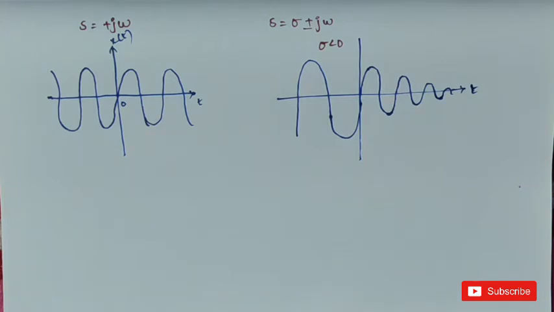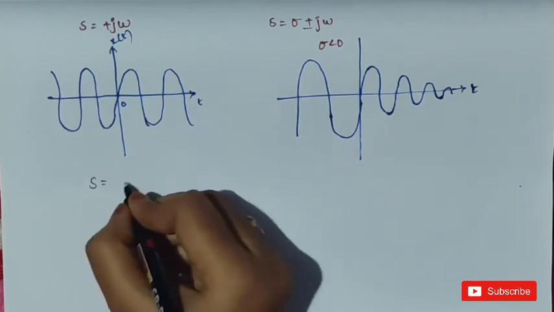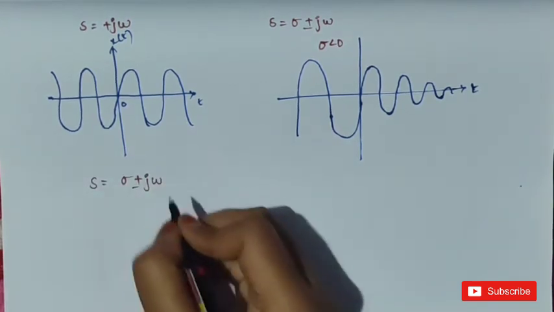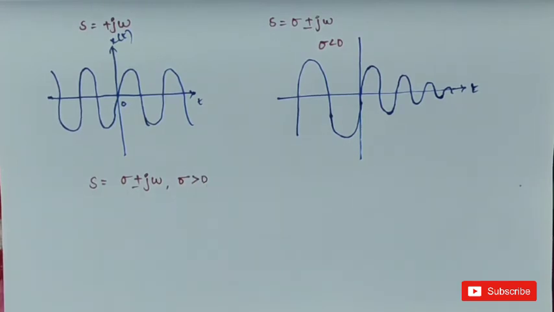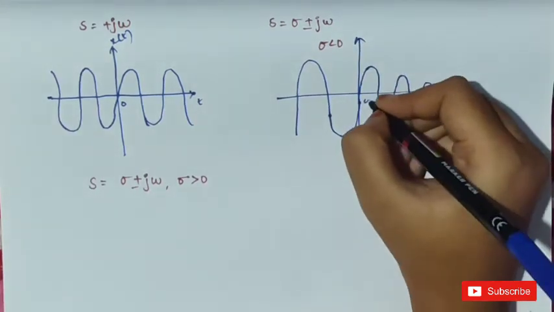For the next case, s is equal to sigma plus or minus j omega and sigma greater than 0.